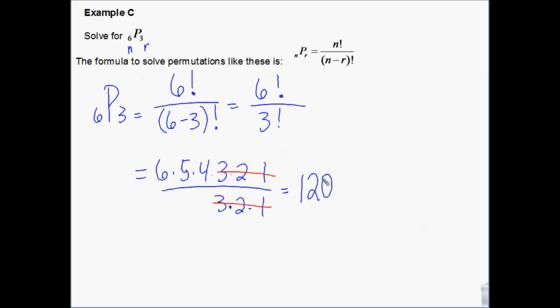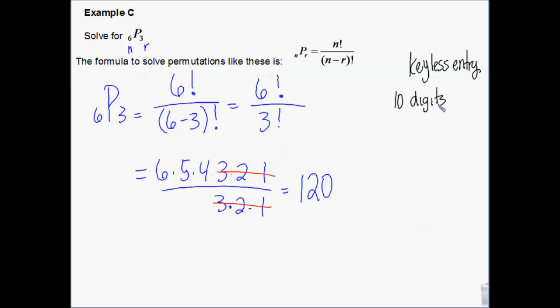Just real quick, you know those keyless entry door locks? Let's say no numbers are allowed to repeat. If you can repeat numbers, that would be a combination, not a permutation, and we're doing permutations, so nothing can repeat. We have digits 0 through 9, so there are 10 digits.